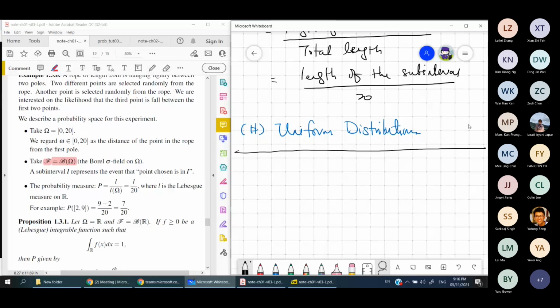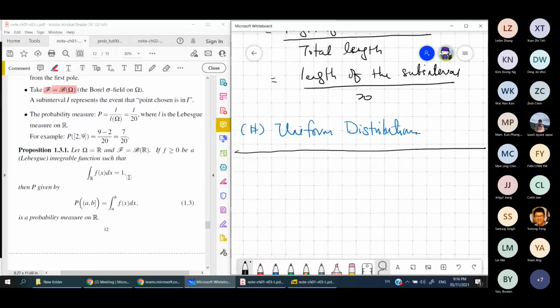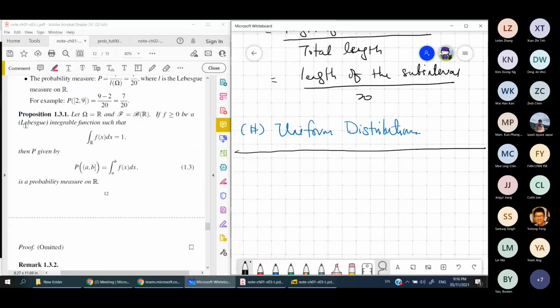Okay, so now we come to, I think, the most important one, Proposition 1.3.1. In fact, this is the criterion for us to verify whether a formulation is a probability space. So we look at here. Supposing omega is R, then in this case we always take the sigma field to be the Borel sigma field.